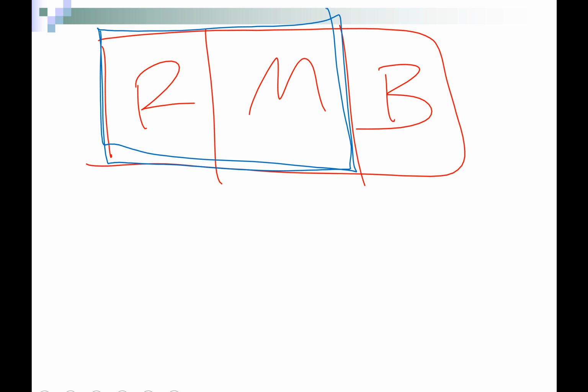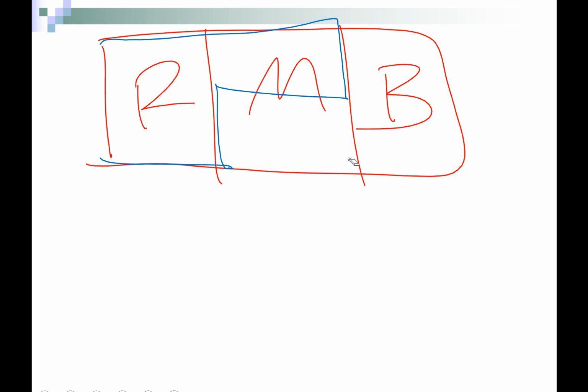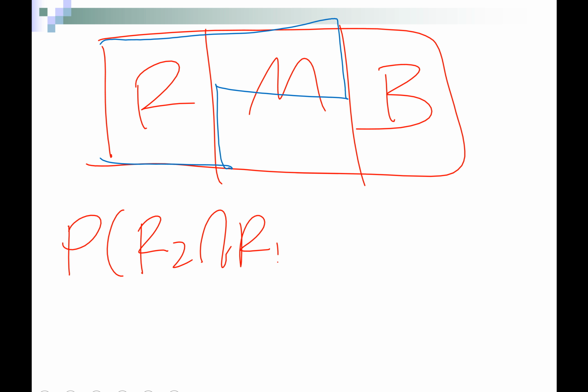Actually, that's not quite the relevant universe. We'll go more like this, and let me get rid of this part. So you can think of this in terms of a Venn diagram. But what we really need to know then is, what's the probability of red 2 intersect red 1?